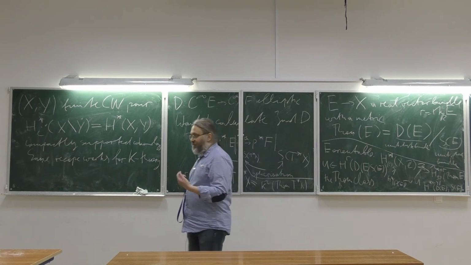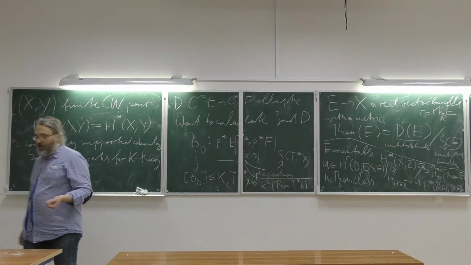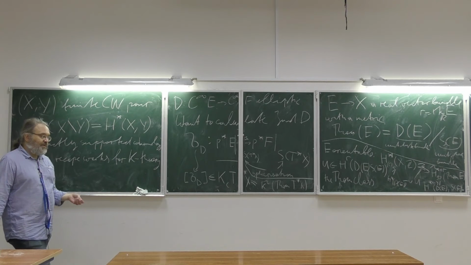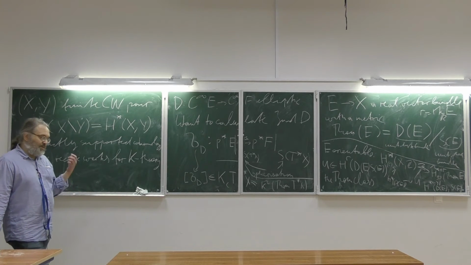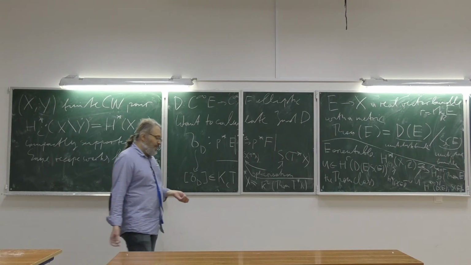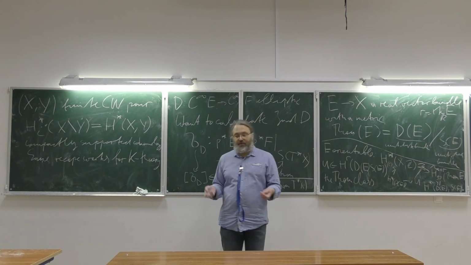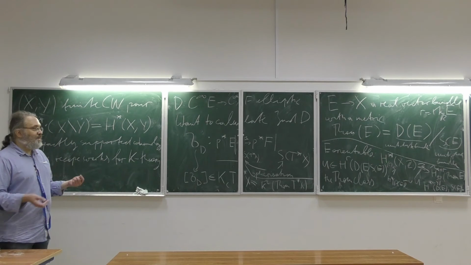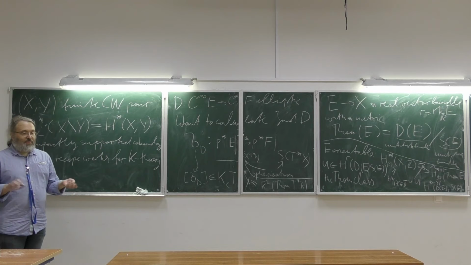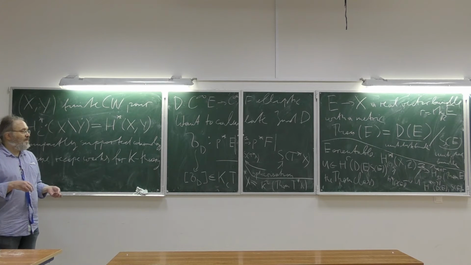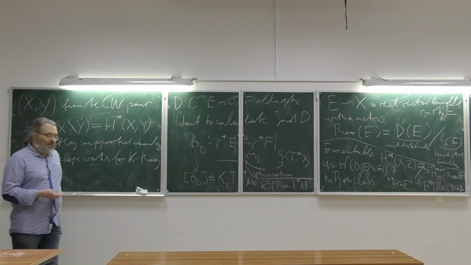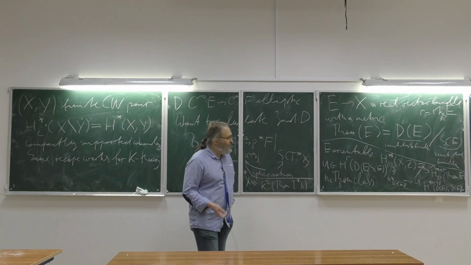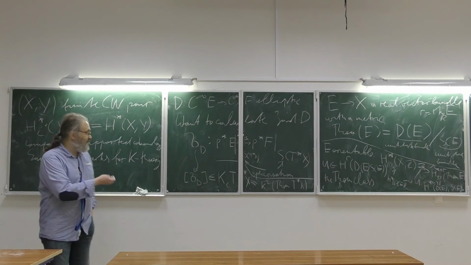There are things which are hard to detect using K theory, and conversely, there are things which are easier to detect using K theory than using ordinary homology or cohomology. And there are many more homology and cohomology theories, and we'll probably need to talk about those at some point because we need K theory.